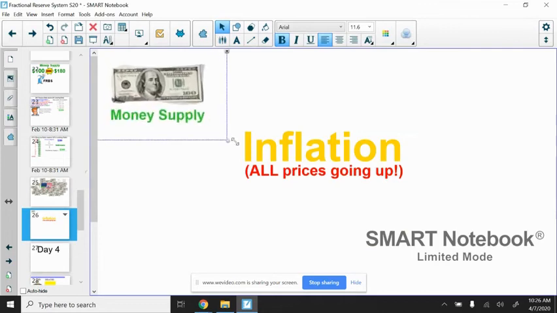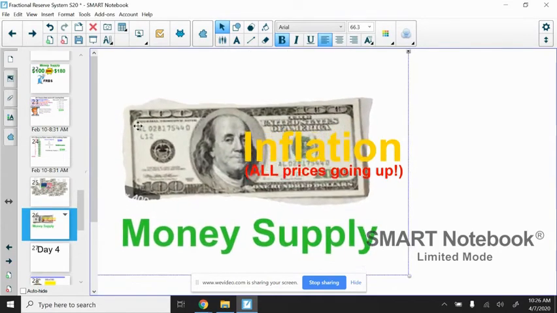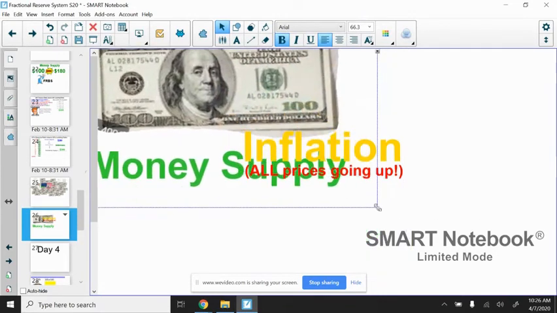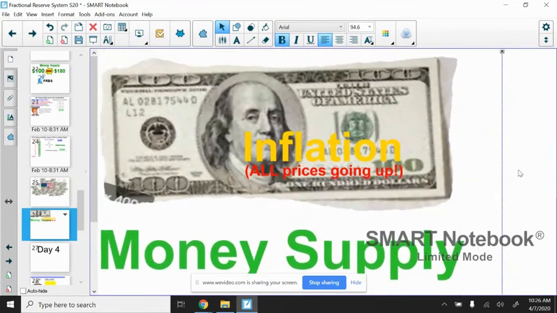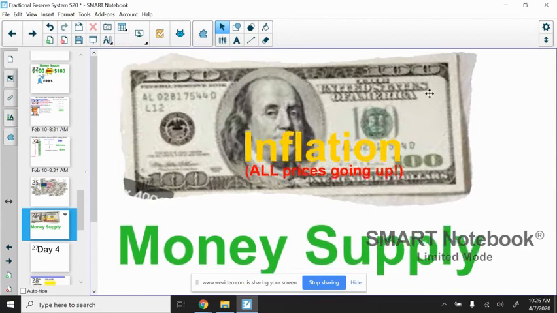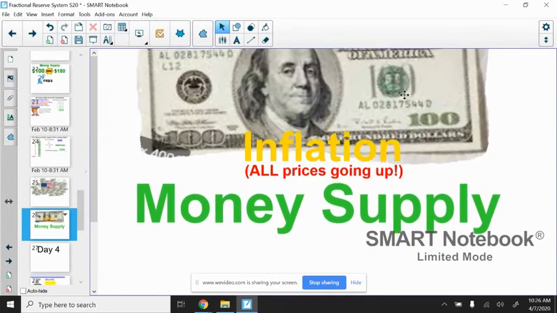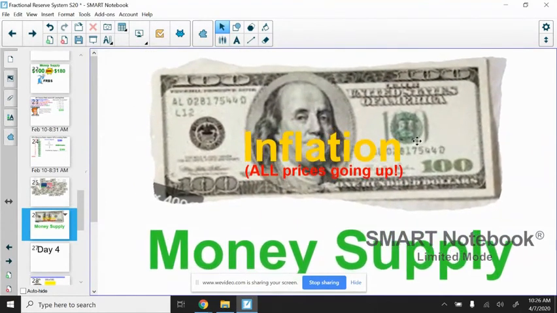And as a result, I'm going to drive this home to you guys, the money supply itself is really increasing. So maybe we should rethink our definition of inflation as opposed to saying it's all prices going up. Rather, all prices are going up because the money supply is increasing. Make sure you understand that.